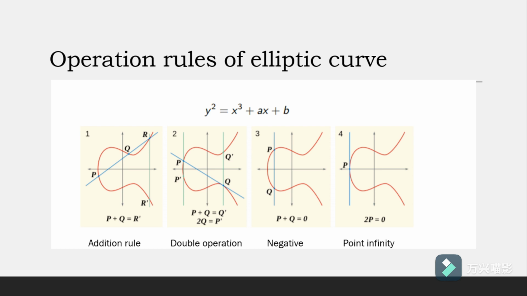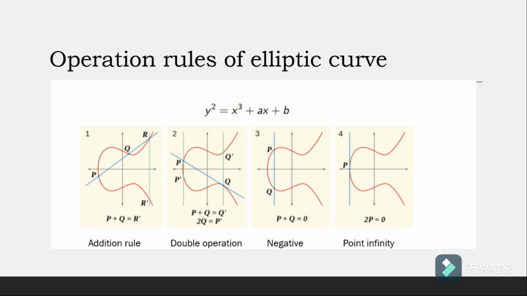Since the points of the elliptic curve belong to an abelian group, we can write P plus Q plus R equals 0 as P plus Q equals minus R. When we draw a straight line through P and Q, this line will intersect the elliptic curve at a third point R, which means that the 3 points P, Q, and R are on the same straight line. At the same time, the opposite point is minus R.